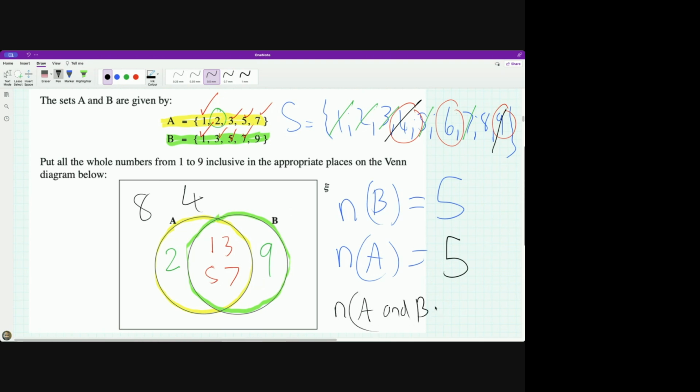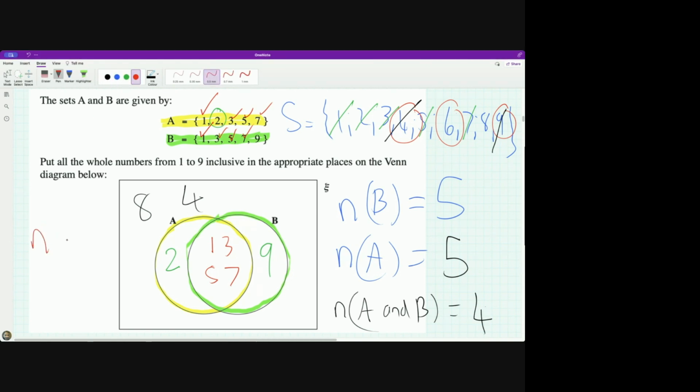Okay, now what about if I say to you, how many items are there in A and B? How many items are there in A and B? So what's little n of A and B? So the only ones that are inside both are that. What about this one?